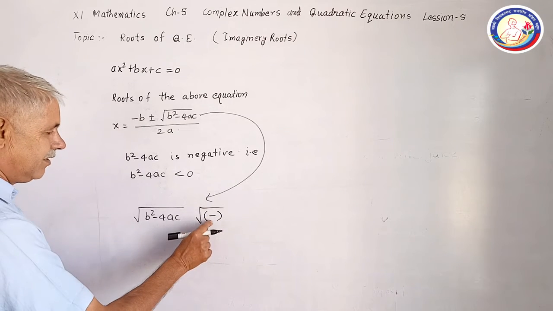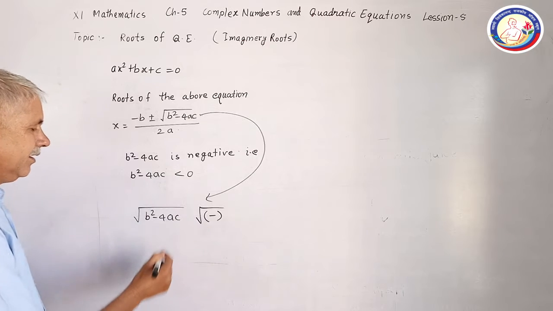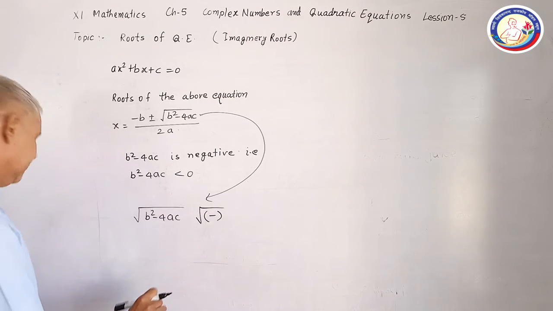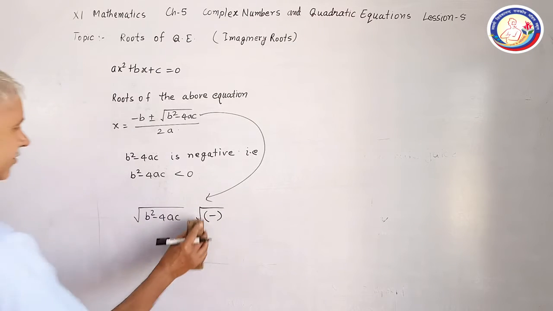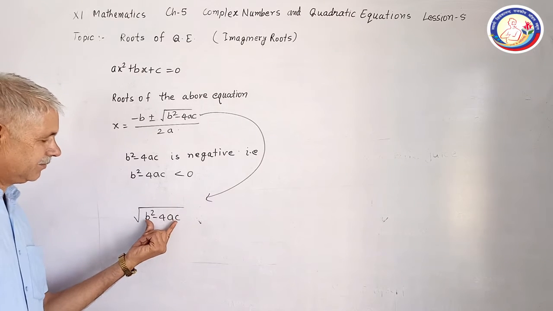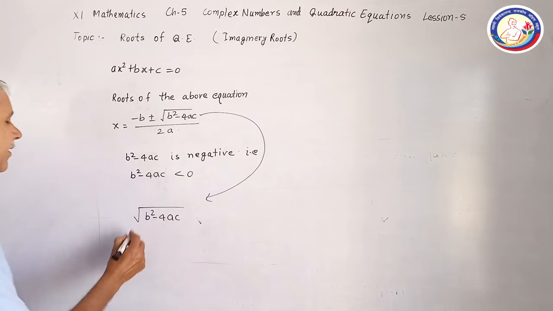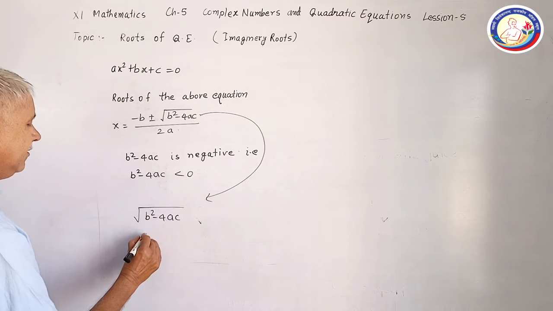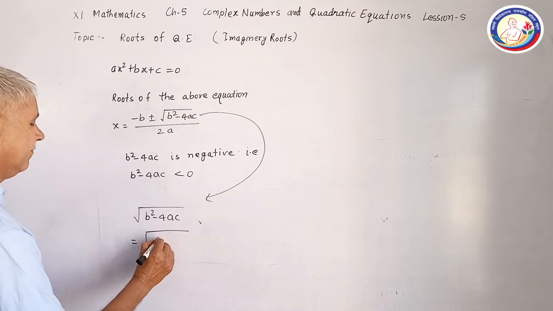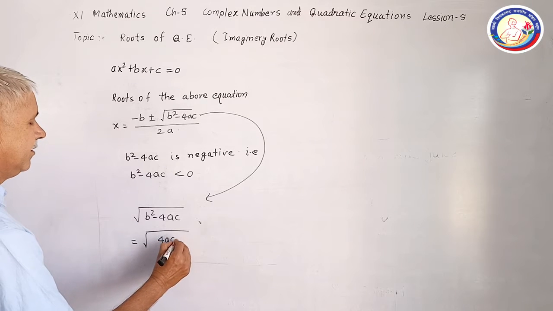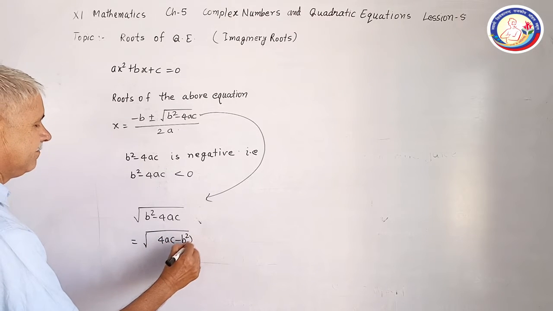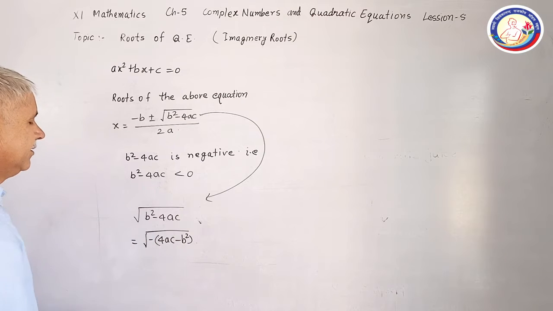And if we want to give it meaning, then we will write it in the form, because this expression has negative value, so we can change this in the following way: 4ac minus b square, and here again minus.